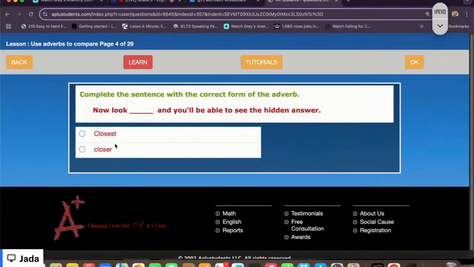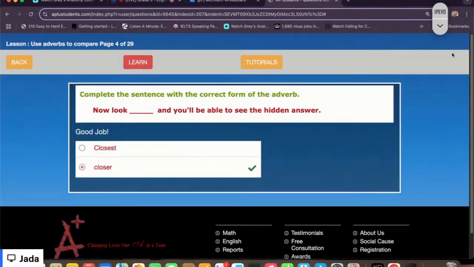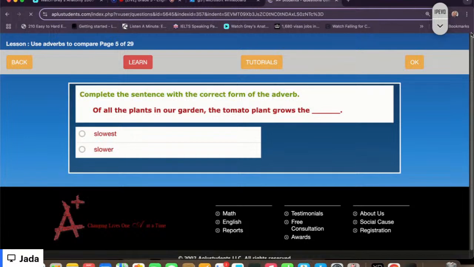All right, so we have look closer. Okay. Of all the plants in our garden, the tomato plant grows the dash, slowest or slower.